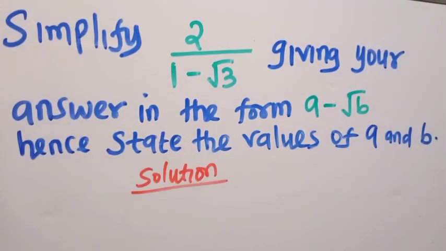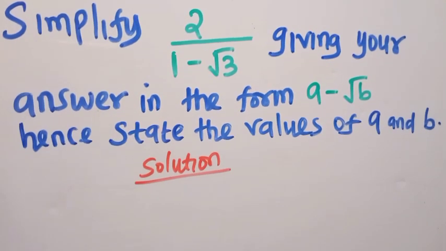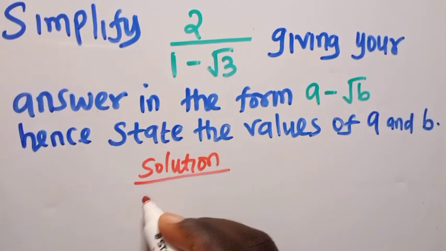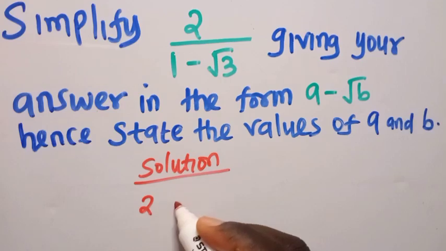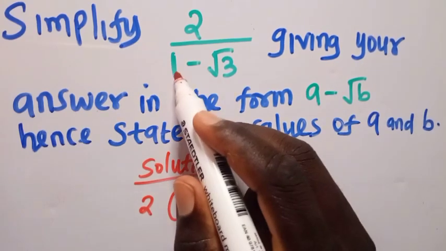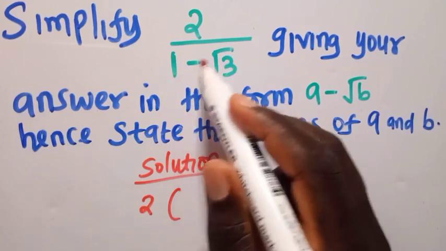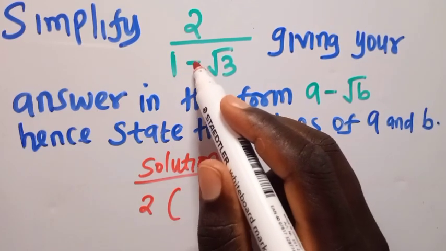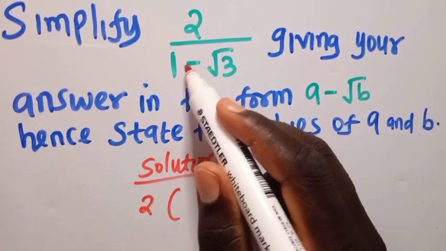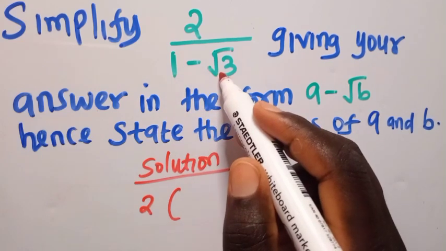Basically, this is what I mean: we take the numerator and multiply by the conjugate of the denominator.